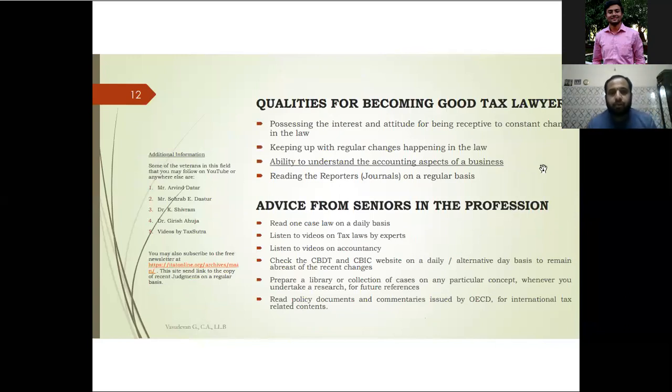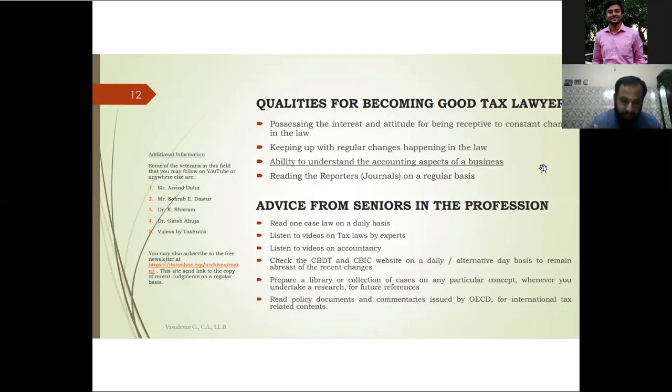Yeah. So now let's look at some of the qualities that we need to become good lawyers, tax lawyers specifically. First, you have to read very regularly, because what is peculiar to taxation is that you have very regular circulars and notifications coming up on a daily basis. If you're doing direct and indirect tax both, you are very likely to go mad.